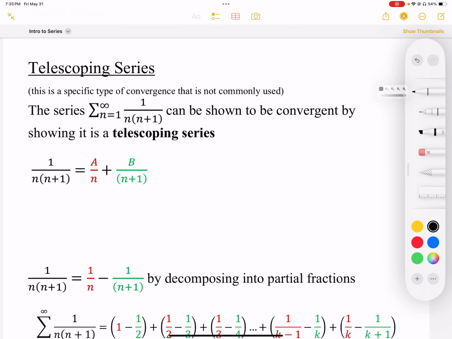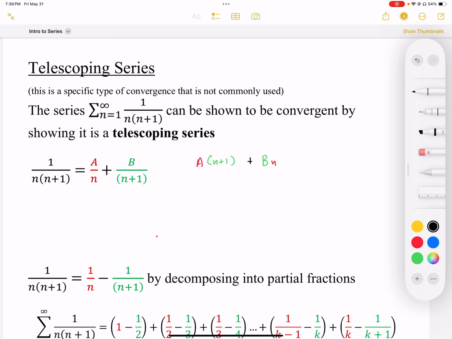So we're going to do this by, first of all, splitting this up into partial fractions. When we split it up into partial fractions, I'm going to solve for A and B. So I'm going to end up with A times (n plus 1), plus B times n, Bn.